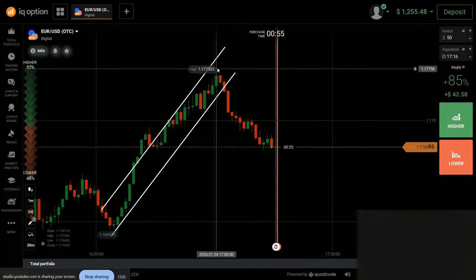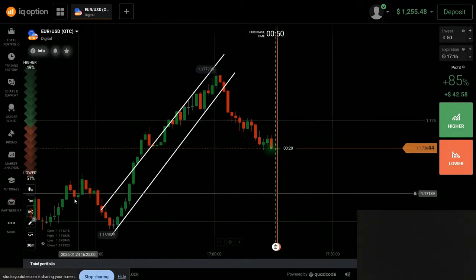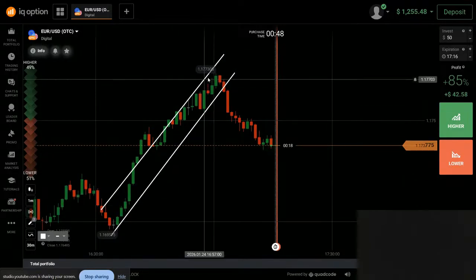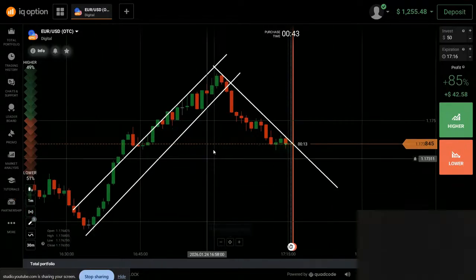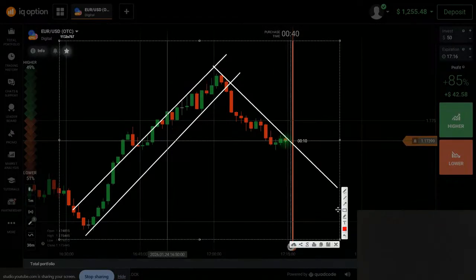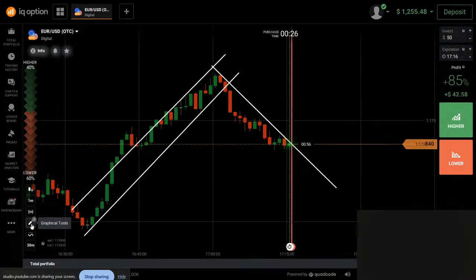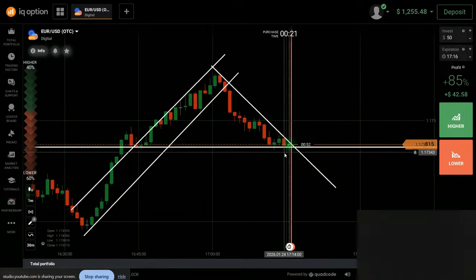Right. So as you can observe, the market previously was in an uptrend. Now the market has changed to a downtrend with the formation of a trend line in this position. And if you also observe, there is a chart pattern called a hammer pattern. In this position the market is trying to form a head and shoulders pattern, and from this lower side this will act as a neckline.